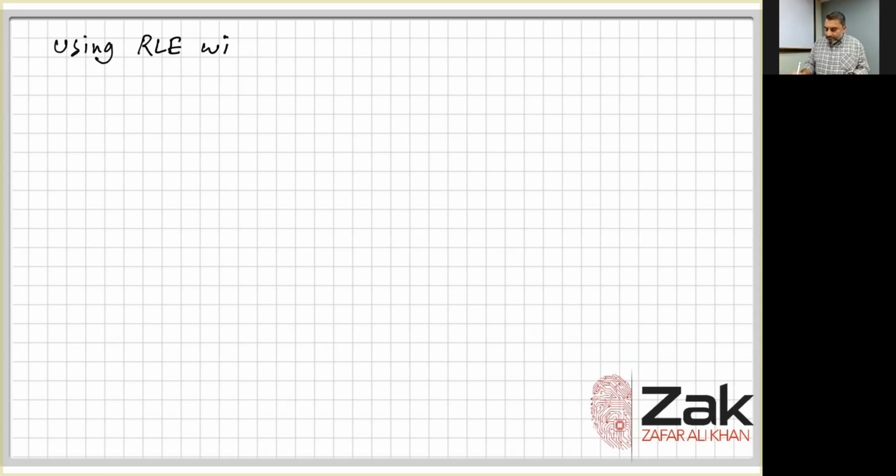So let's first form a grid of 8 by 8 boxes. 1, 2, 3, 4, 5, 6, 7, 8, and by 8.